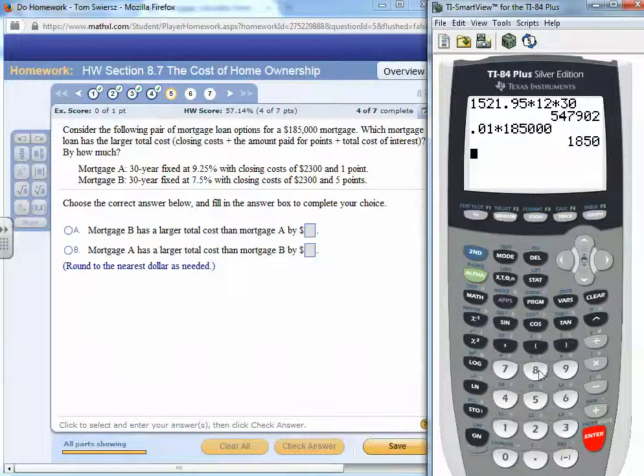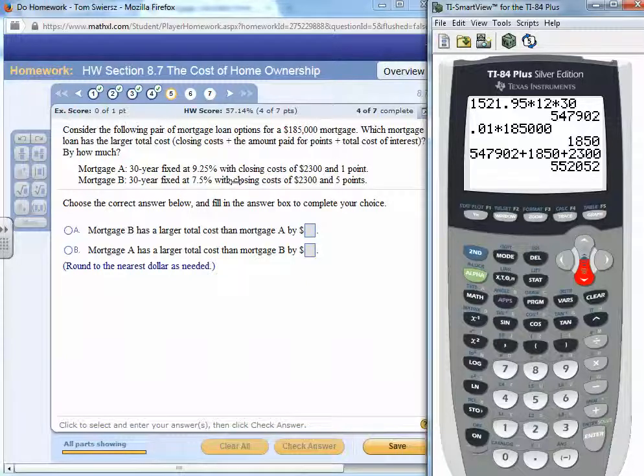So the total is all the monthly payments times 12 times 30, which was $547,902, plus 1 point, $1,850, plus closing cost of $2,300, and that gives us our total cost for mortgage A of $552,052.